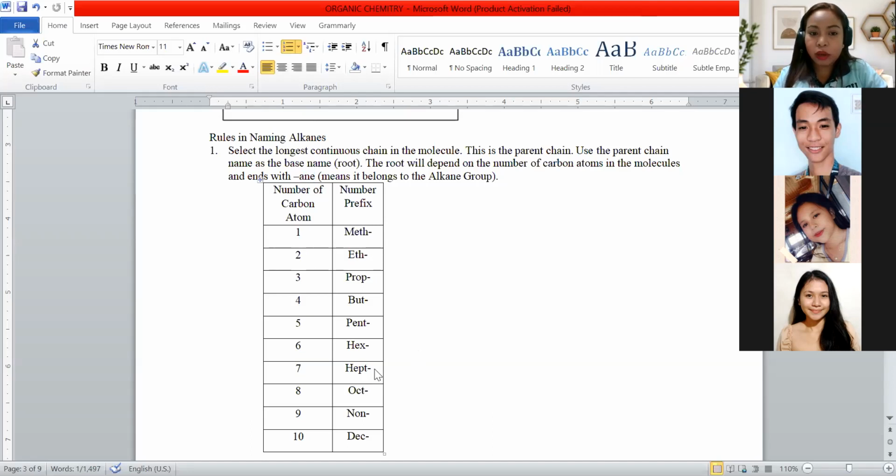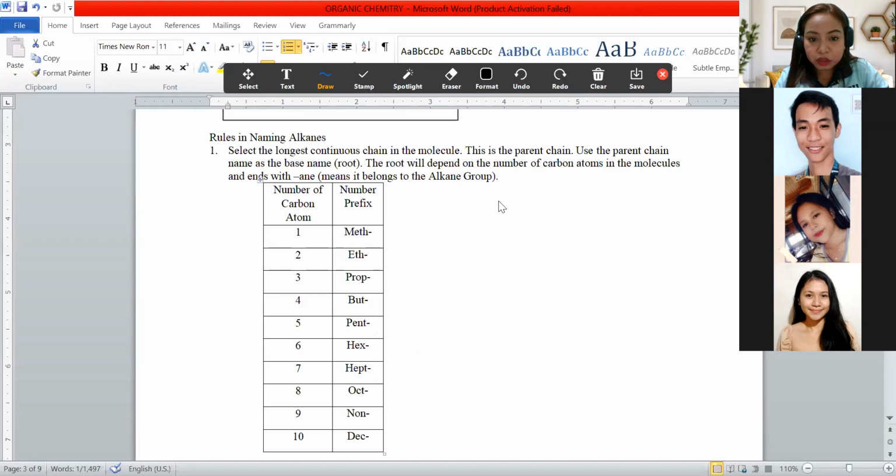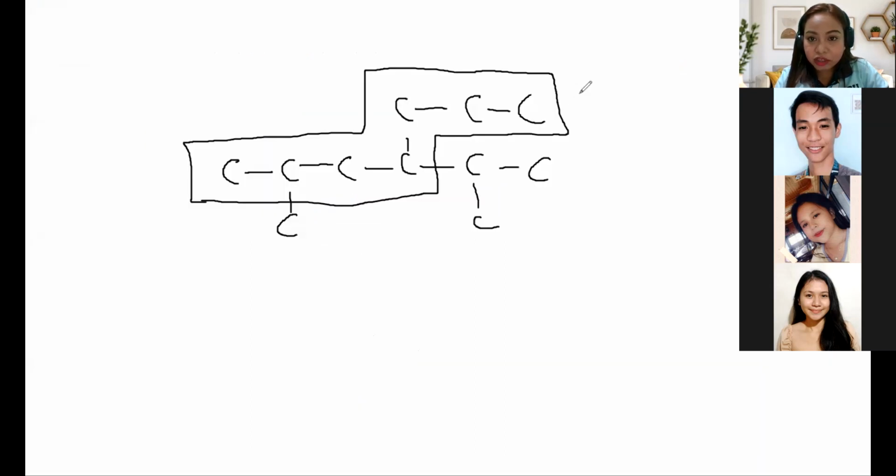Alkane. So, hept plus ane, meaning it belongs to the alkane group. Heptane. So we go back to our example. We have heptane. Remember it, really very important. Later on you will know that the name is important.